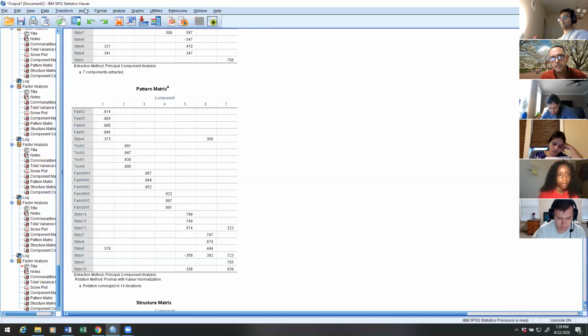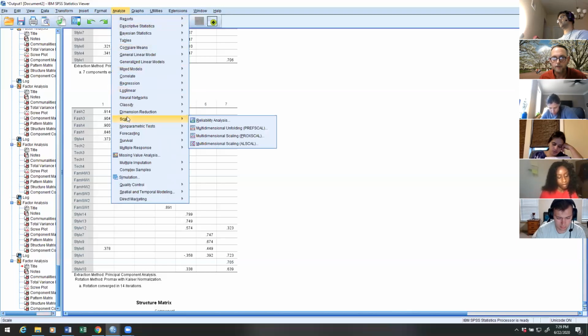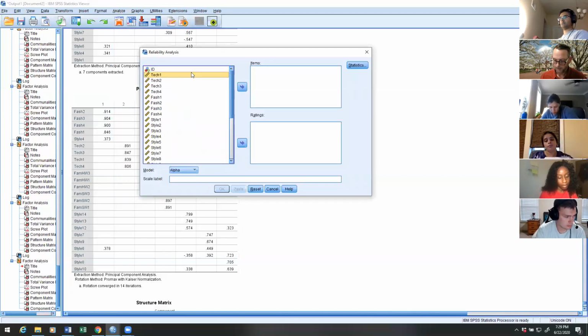In SPSS, we look at this basically with Scale and then Reliability. I think everybody did this fairly accurately. And here is one distinction: we don't take all the variables together. We only take the variables that are within a factor.